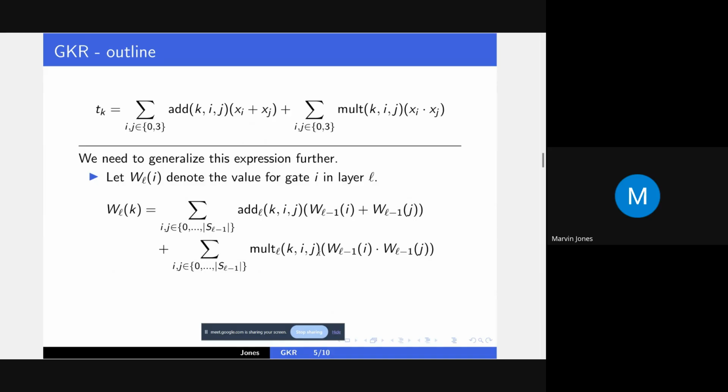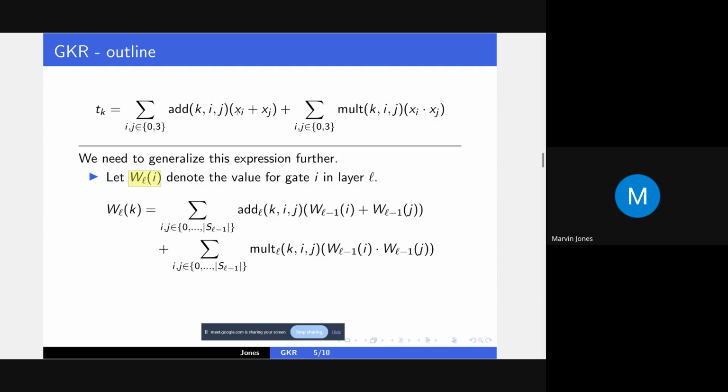And now, instead of just having this equation that works for the middle layer, for layer L, I'm going to have this WL of I that denotes the value for that gate. So now I can have this nicely written.